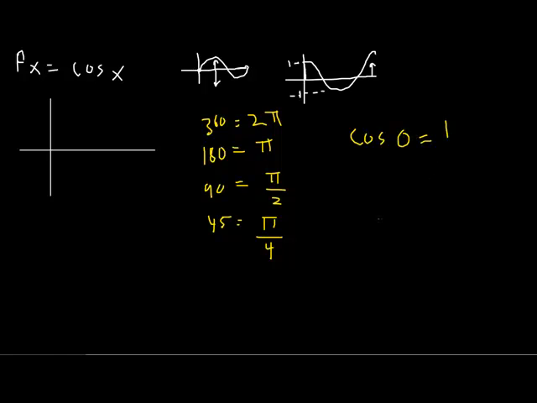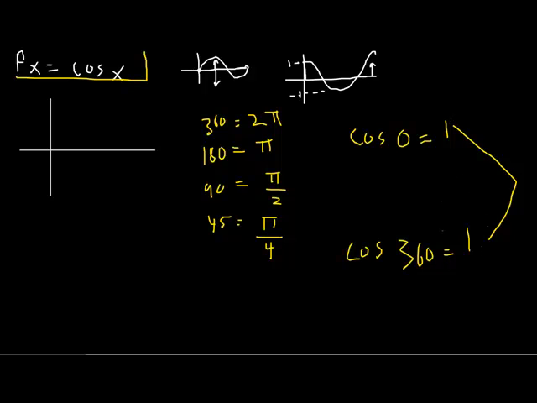This is just a basic graph with no transformations to it. So cos of 0 is 1, and cos of 360 is 1, correct? Now we realize that they both have the same point, which is 1.